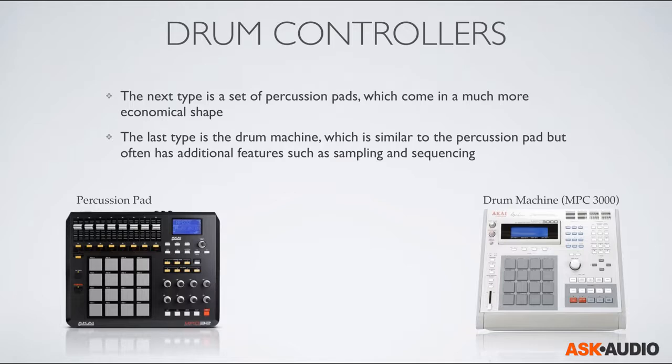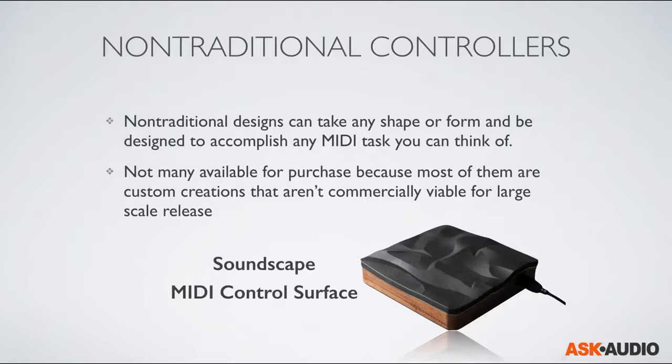It has no sounds, no audio outputs or anything. It needs to be connected to another sound generating device or software that has sound. The drum machine can just work by itself and have sounds internally, or it can control another MIDI device or another MIDI software application, as well as it can sequence and record MIDI right into the drum machine. So you have a lot of features there.